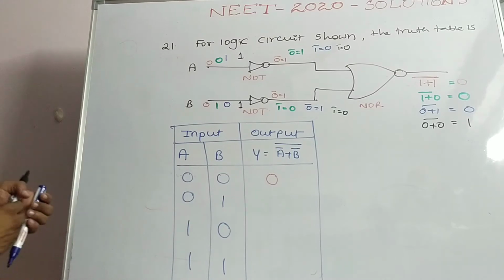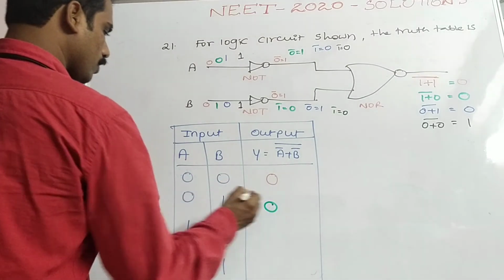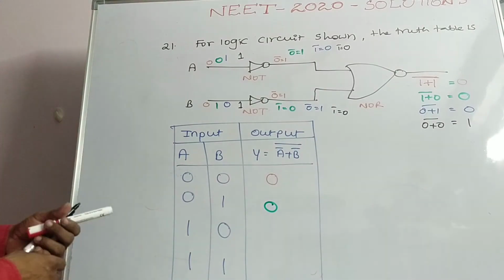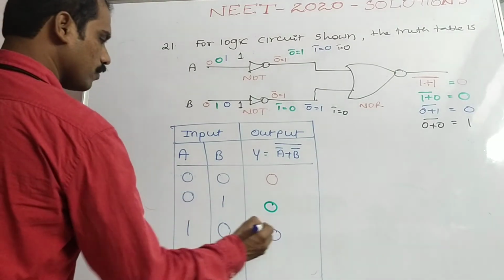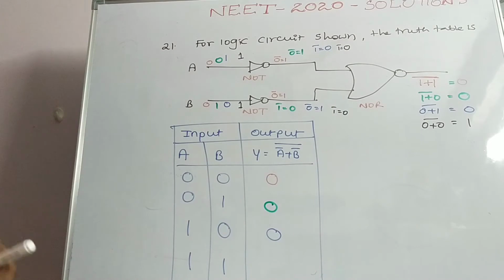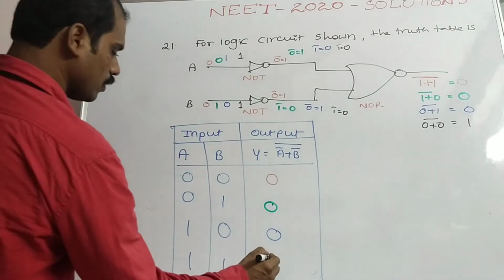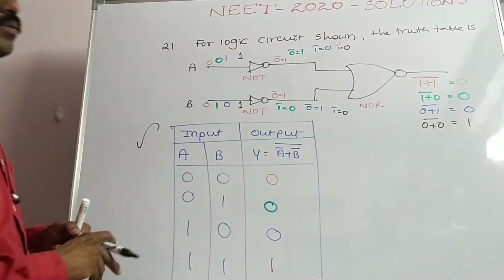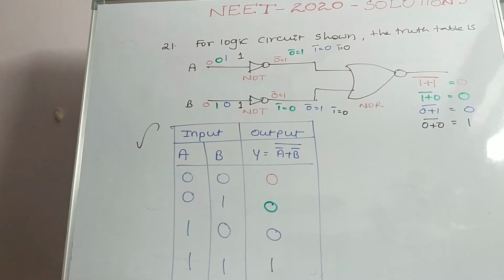So the first is 0, the second 0, the third 0, the fourth expression 1. So this is the table we have to select from the given options. Okay. Next.